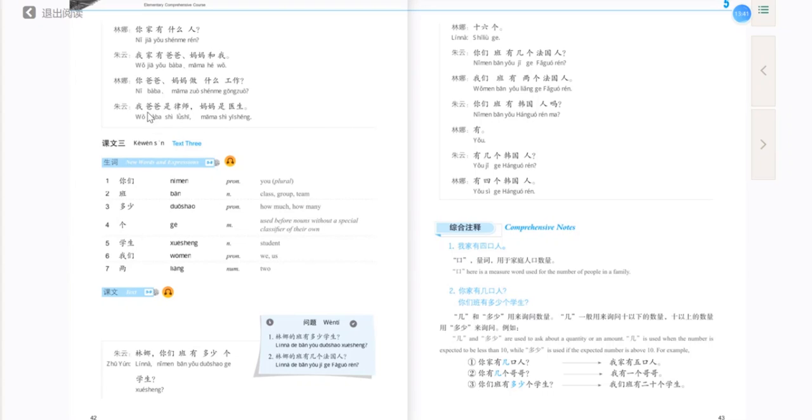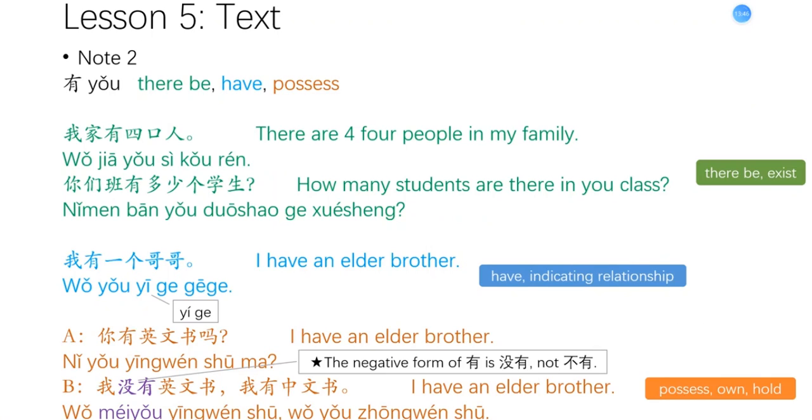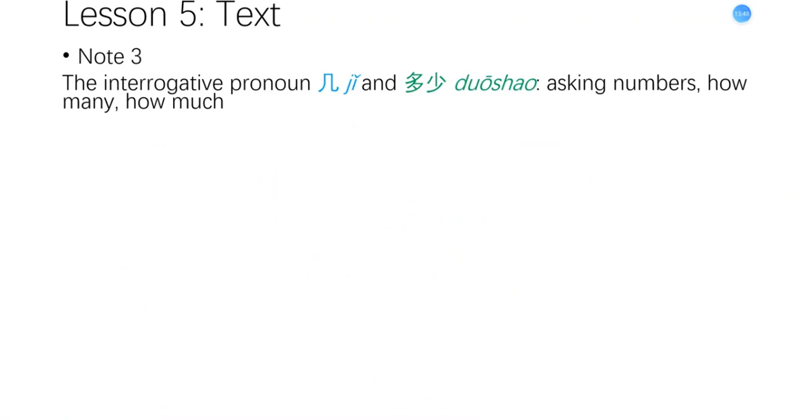Okay, so in this text, we also have an important note. This note is about the interrogative pronouns 几 and 多少. In this text, we have a question, 你家有几口人? 几口人.